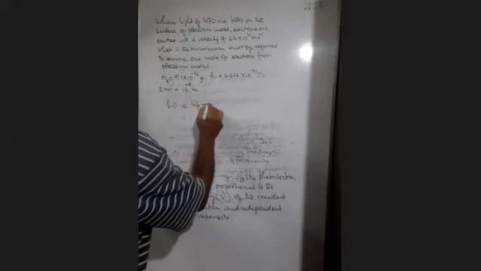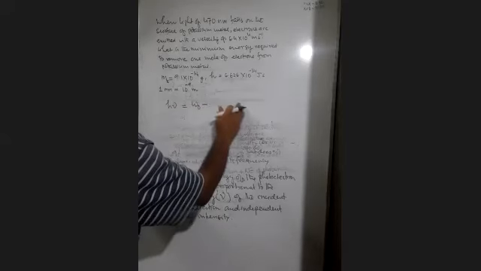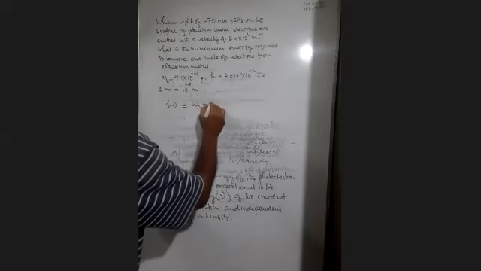If you do not understand theory, I told you, the moment you do the numerical, then you understand the theory. So minimum amount of energy required is the work function. So I'll write now here: h nu is equal to W0 plus kinetic energy.